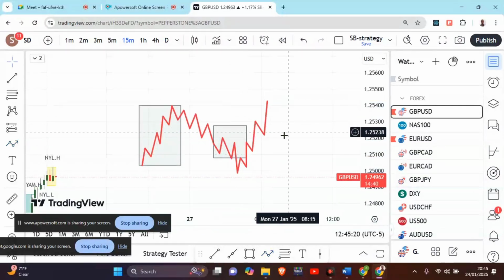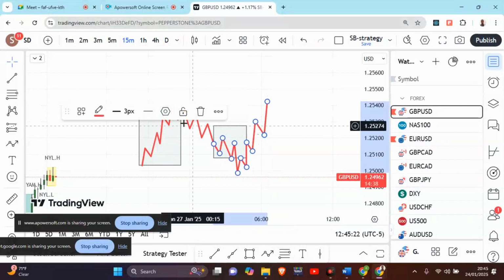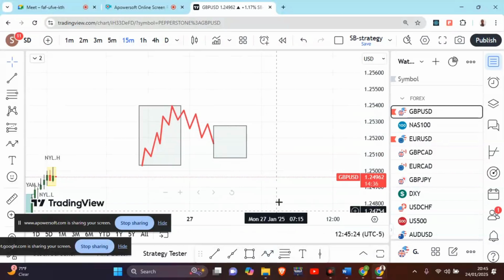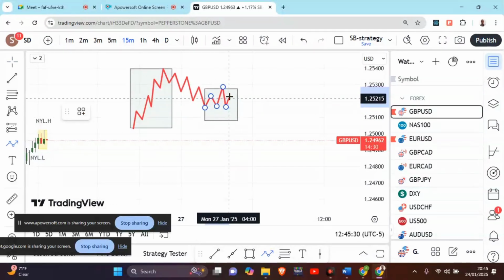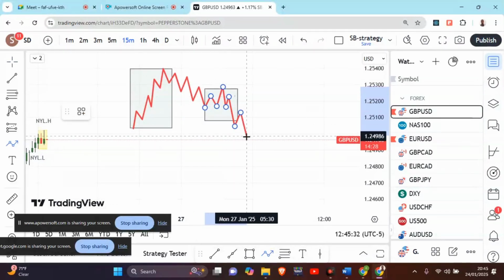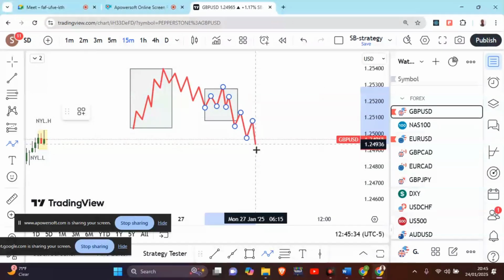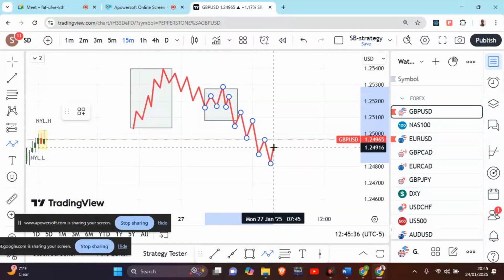So that's scenario A. Or price is likely to do this, run through the Asia low and continue going down.